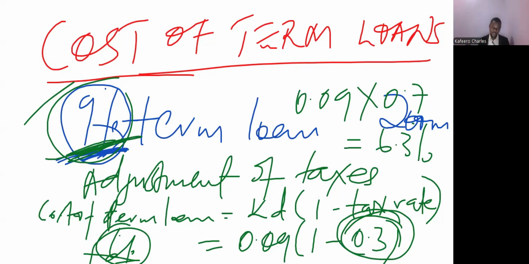So we have done issues to do with sorting the specific cost of equity. We have done issues to do with sorting the specific cost of term loans. And now we are left with preference shares, bonds, or debentures.